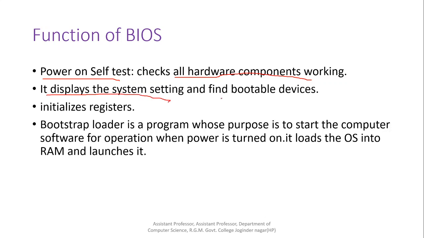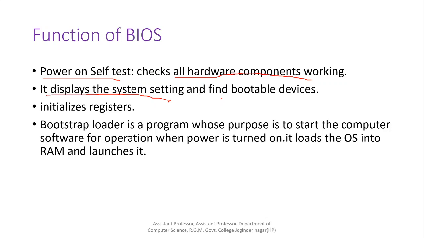The main bootable device in our computer system is the hard disk. We boot the Windows or operating system from the hard disk where it is stored. The next bootable devices are removable disks like pen drives and flash drives.